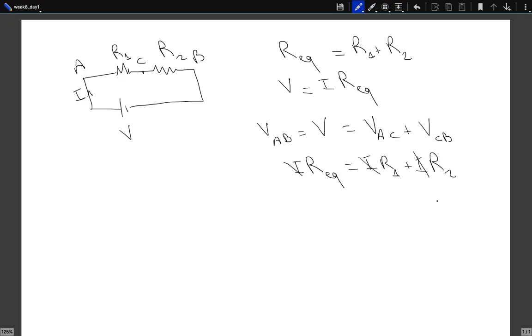So the I's cancel, and we just had the total resistance of the system as R1 plus R2.